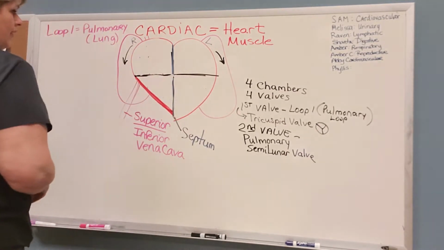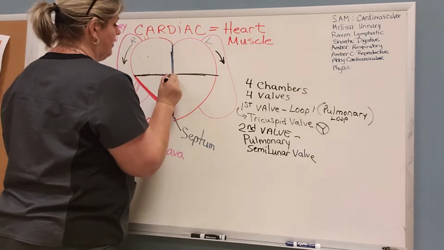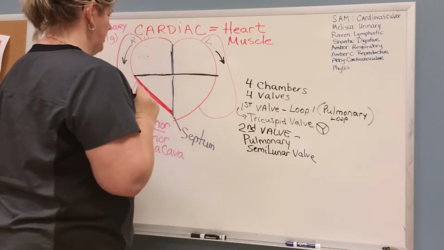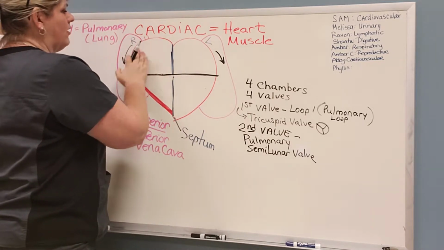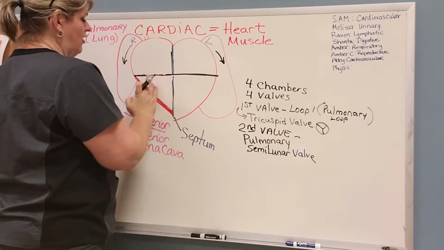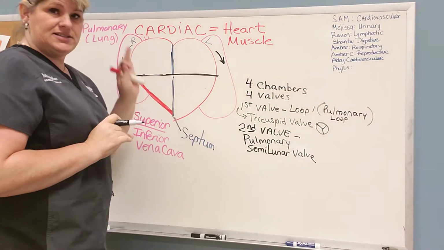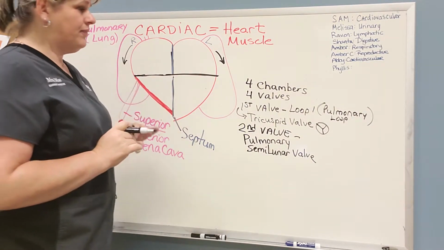All right. Now, we've gone to the lung and we're reoxygenated. So while we are thinking about bringing that blood back into the heart to deliver to the body, the right side here is still doing its thing. It's doing loop 1.